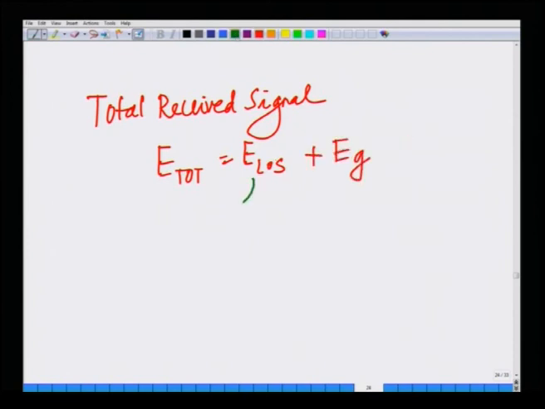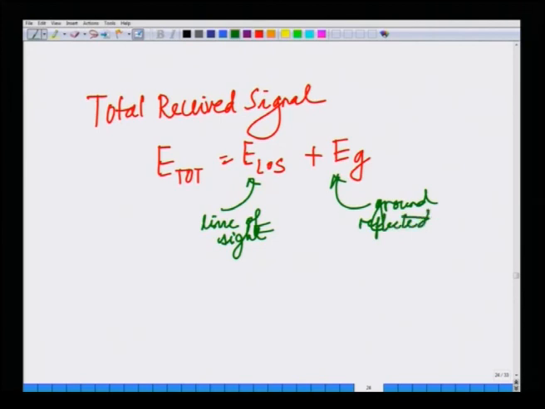This is from the line of sight path and the ground reflected path.